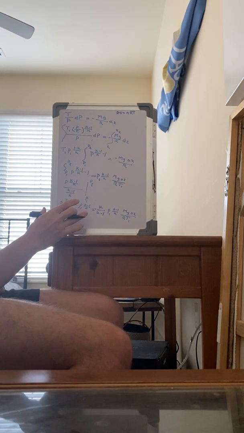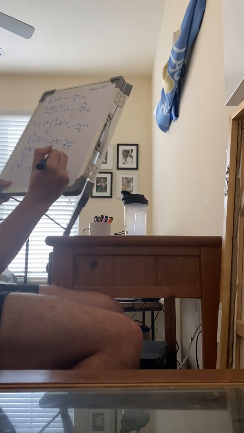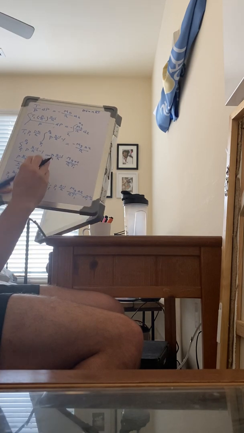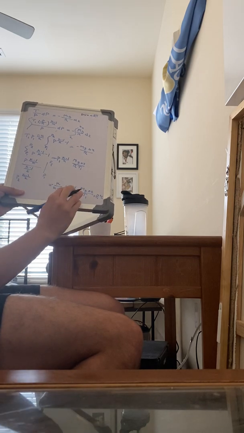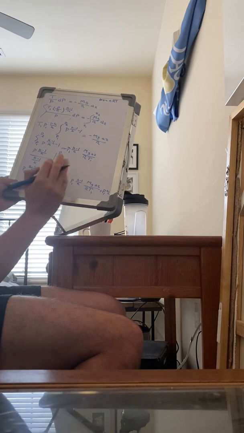Now I'm going to move my P1 over to that side. So plus P1 to the K minus 1 over K. And now I can just factor out the P1 to the K minus 1 over K.